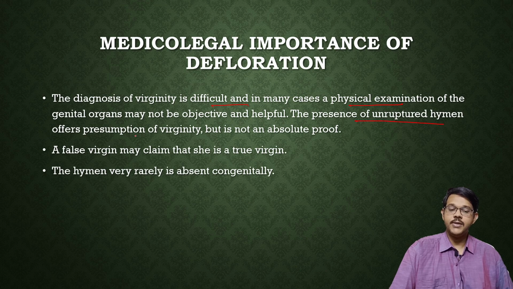The presence of an unruptured hymen is often presumptive of virginity, but it is not absolute proof. A false virgin may claim that she is a true virgin since an intact hymen is present. The hymen is very rarely absent congenitally, so an intact hymen is not completely a sign of virginity.